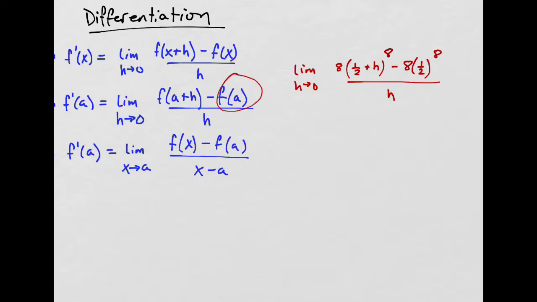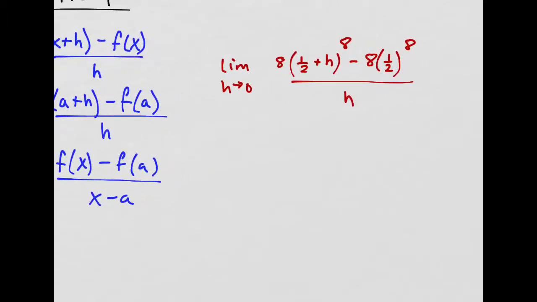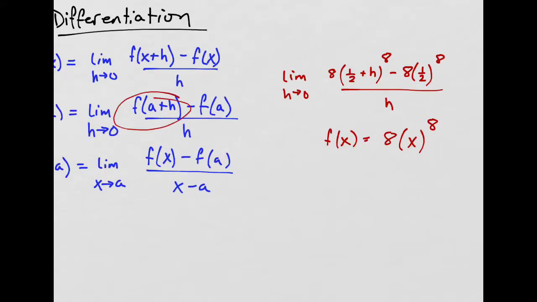f of a? Well, that's just 8 times 1/2 to the 8th power. So here, I know that f of x would be equal to 8 times x to the 8th. How do I know that? Well, I'm just comparing these two and trying to figure out what's the same between the two. I have the 1/2 part, and if I know this difference quotient, I know that a would be 1/2.